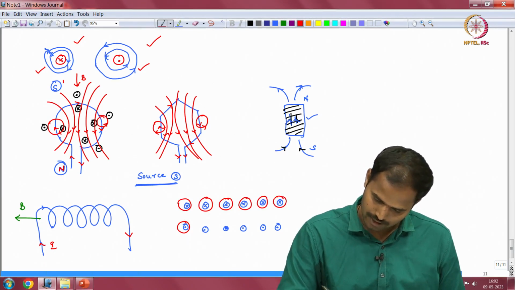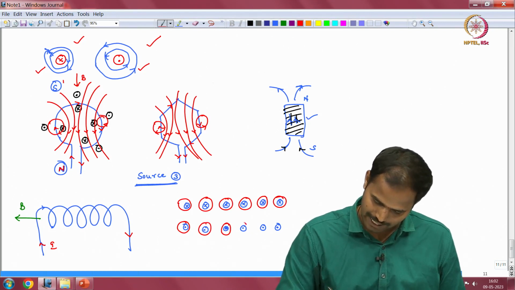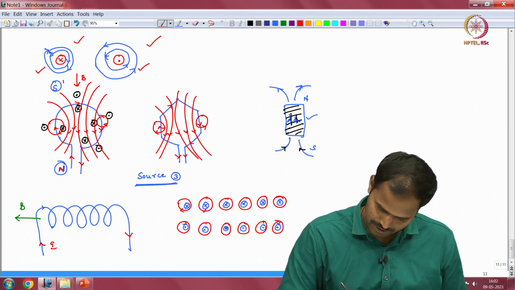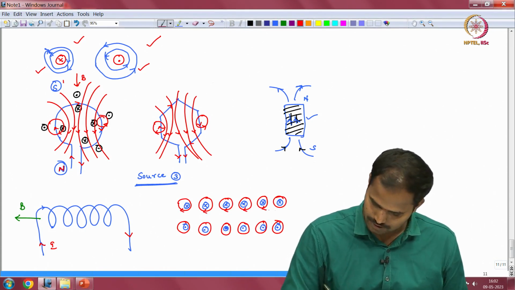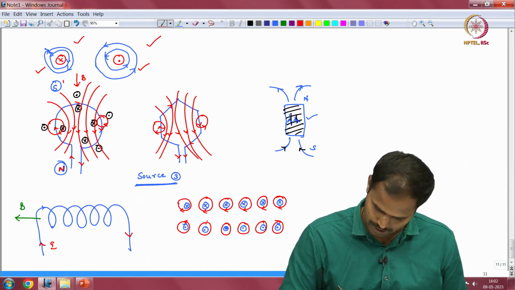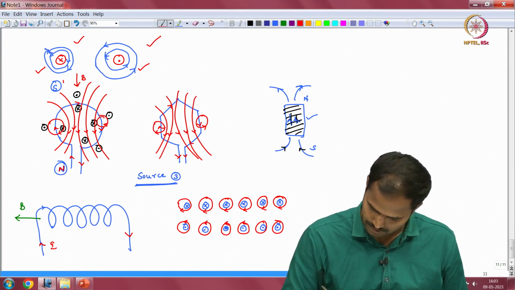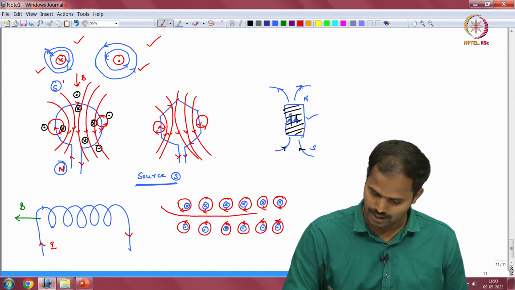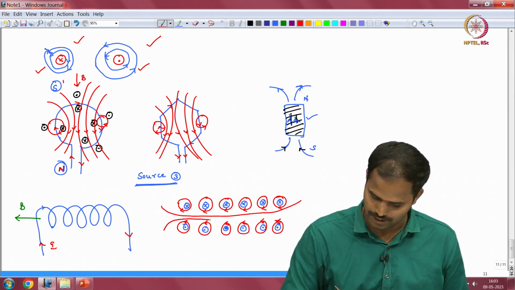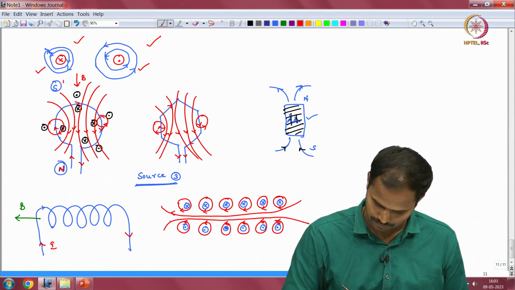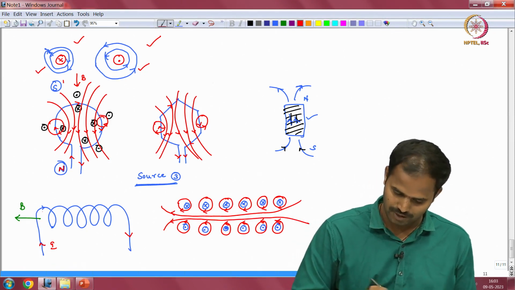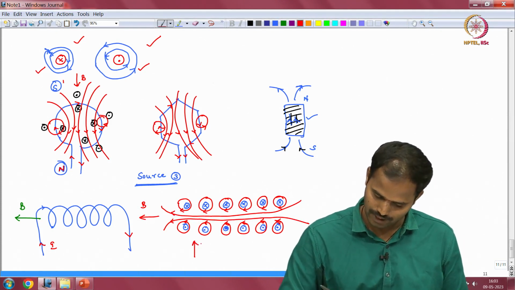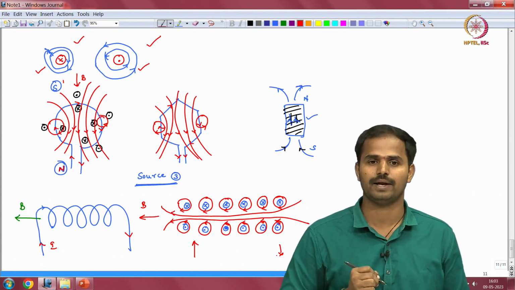For the cross, clockwise direction, for the dot, anti-clockwise direction. So all crosses are clockwise and all dots are anti-clockwise. And the resultant flux lines also will flow in this manner. So B fields are in this direction, and current is flowing in and out in this manner.